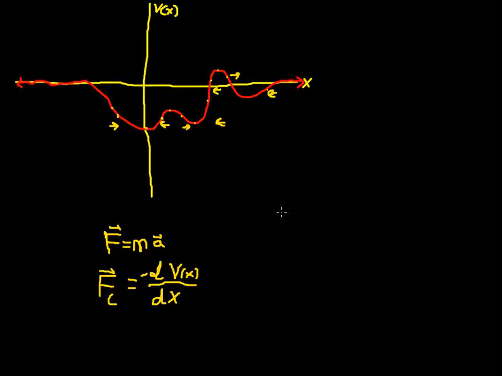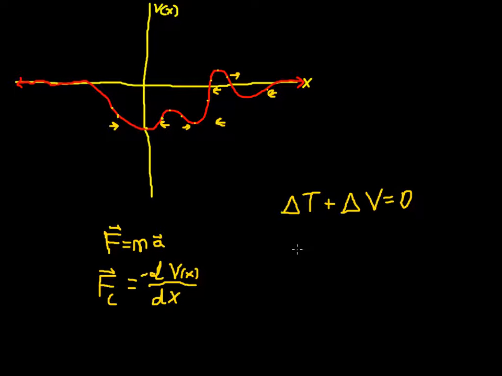But the conservation of mechanical energy states that the change in kinetic energy plus the change in potential energy, V, is equal to zero, right? That's saying that the change in mechanical energy is equal to zero.